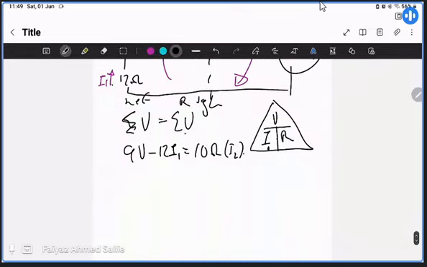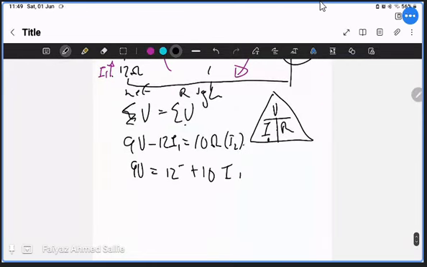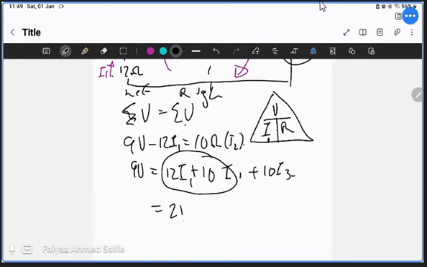So let's do this. 9 volts equals to 12 I1 plus 10 I1 plus 10 I3. So we're gonna add like terms, which is 22 I1 plus 10 I3, 9 volts.